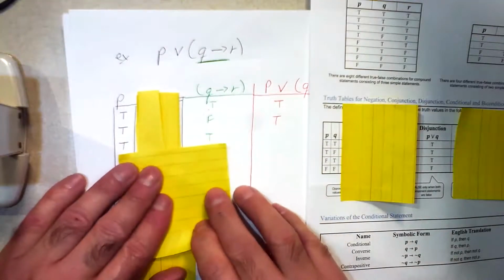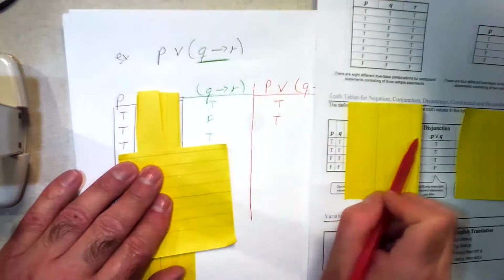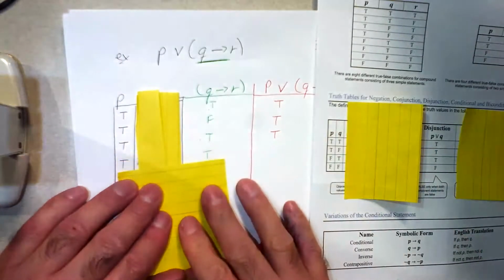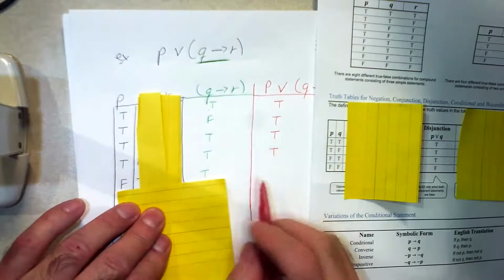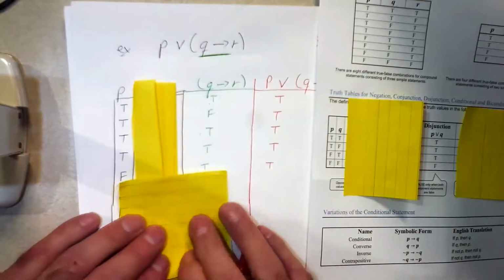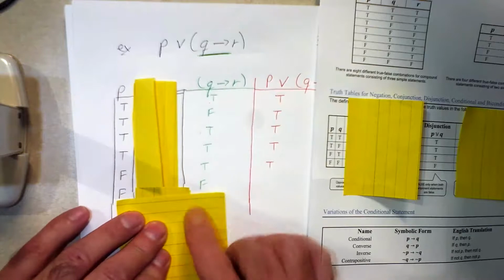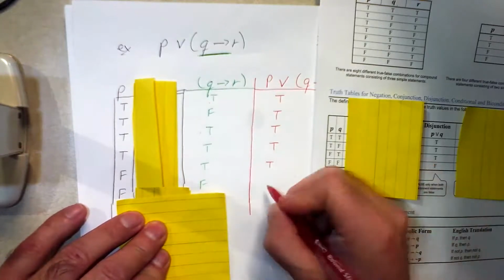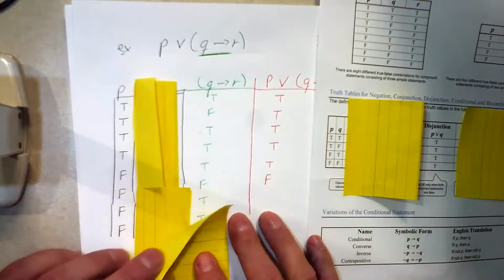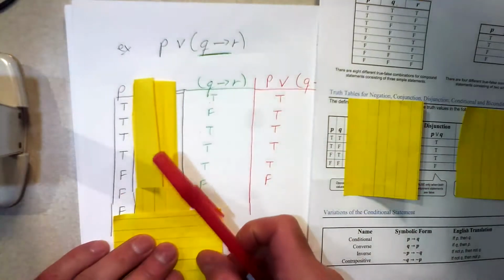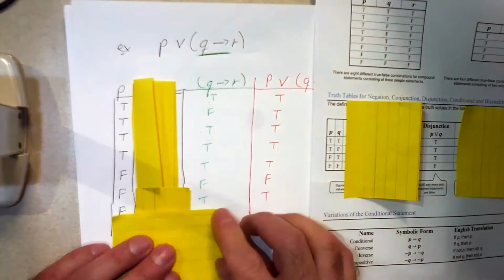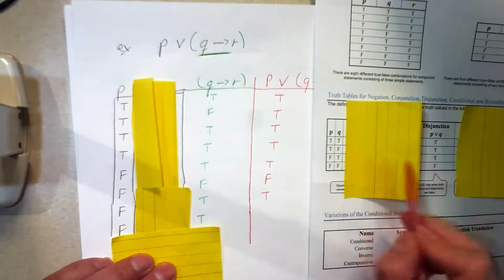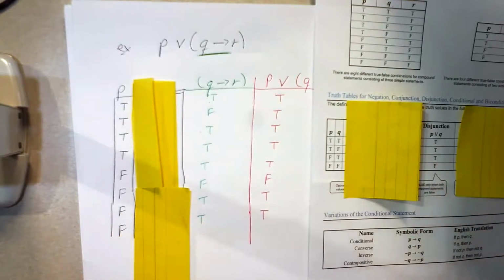Next one. TT. TT is T. TT is T. FT is a T. FF is a F. FT is T. FT is a T. And that's it.